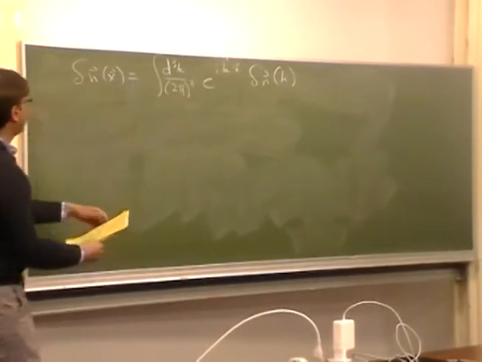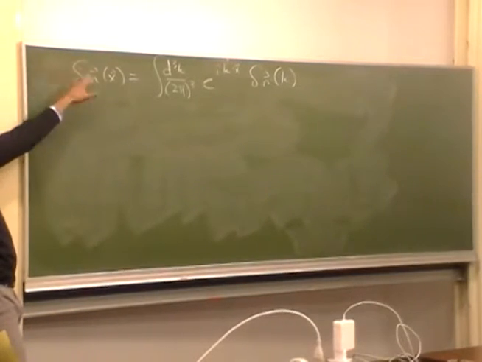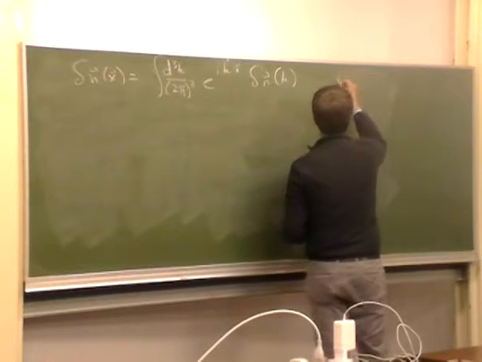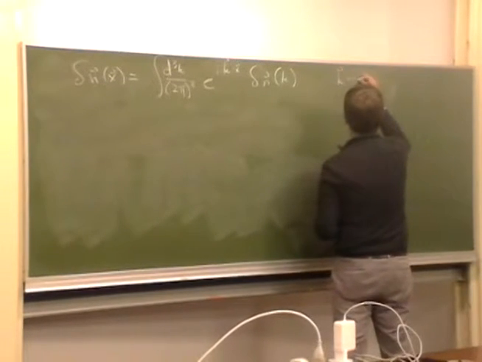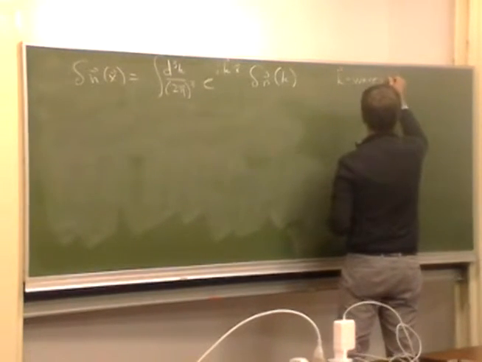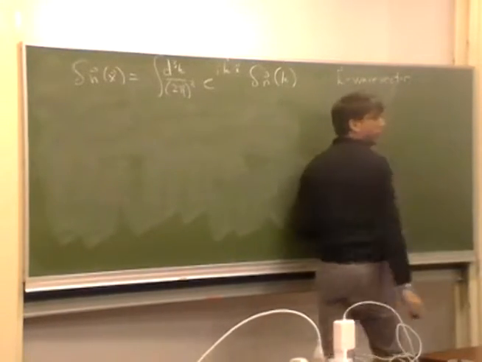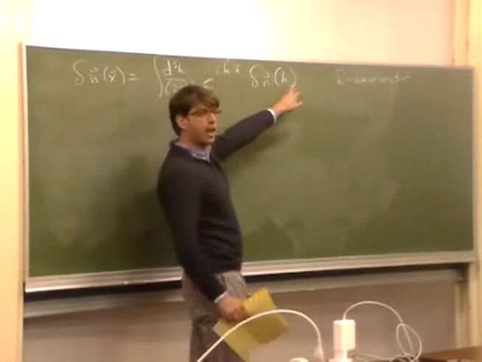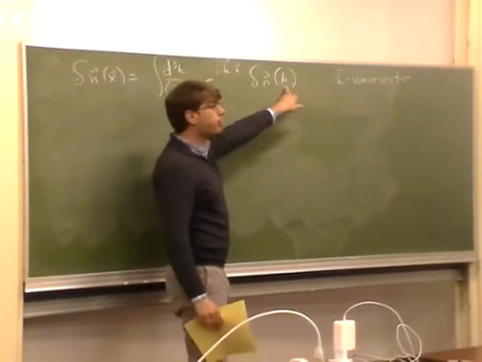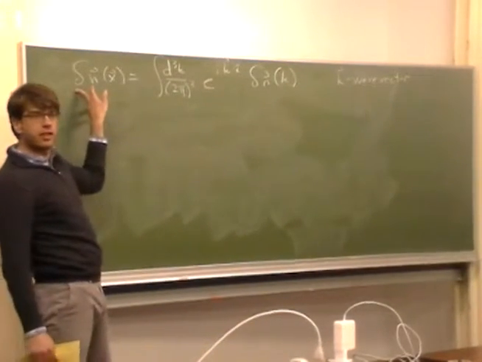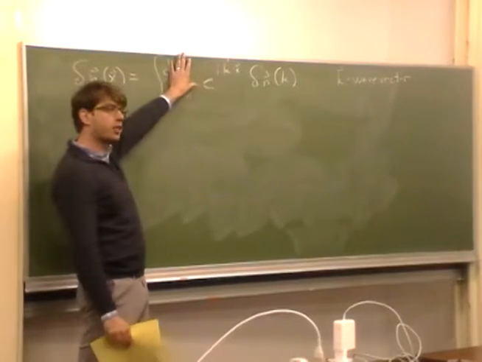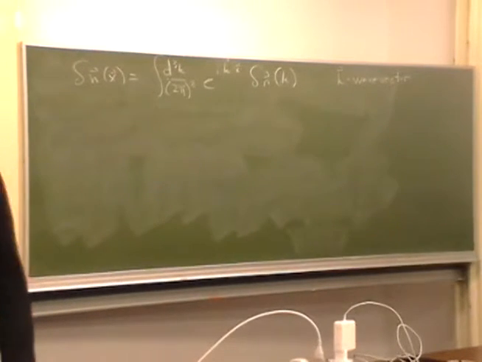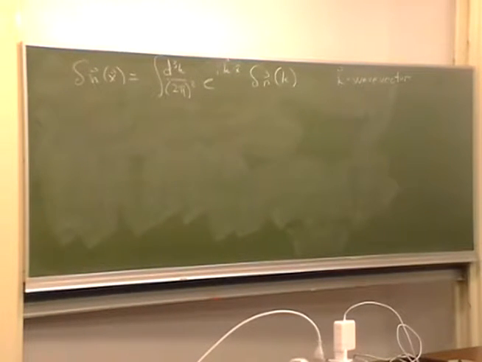This, of course, is some real space configuration of my nematic. This vector k is the wave vector, and delta n of k is just the Fourier transform of delta n of x. So this is the inverse Fourier transform, summing over all, if you like, plane waves of these nematic fluctuations.